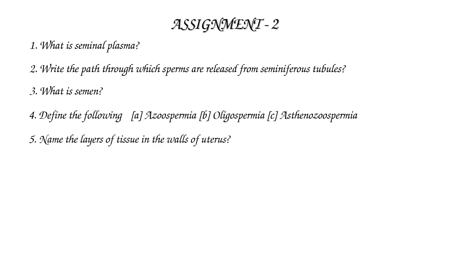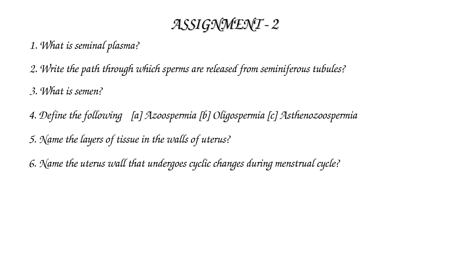Fifth, name the layers of tissue in the walls of uterus. Sixth, name the uterus wall that undergoes cyclic changes during the menstrual cycle. Seventh, what is birth canal? Eighth, what is hymen?